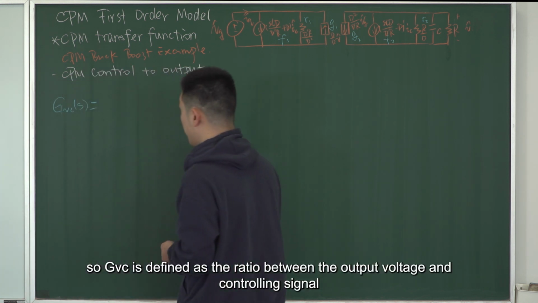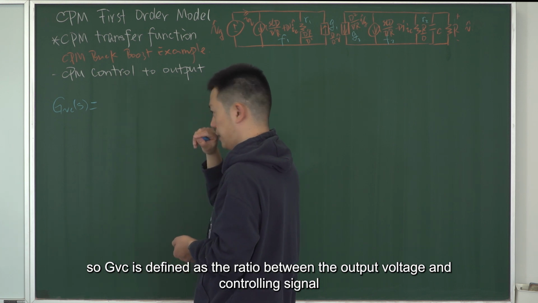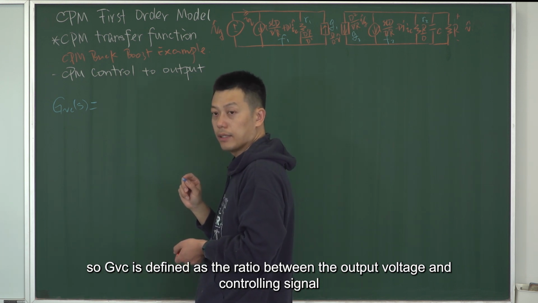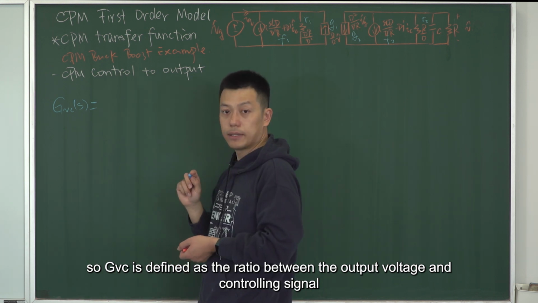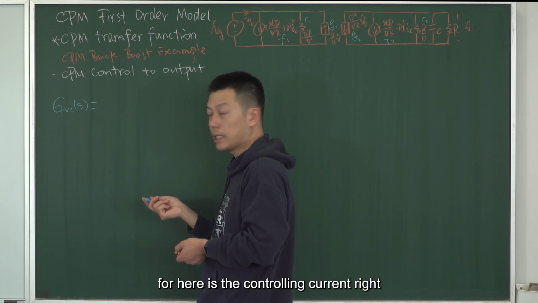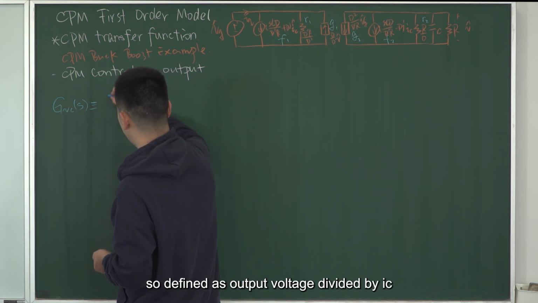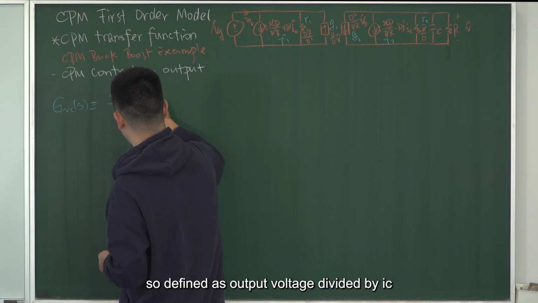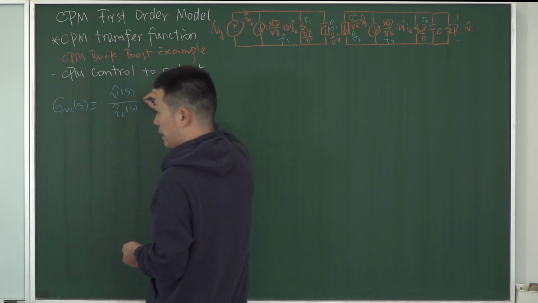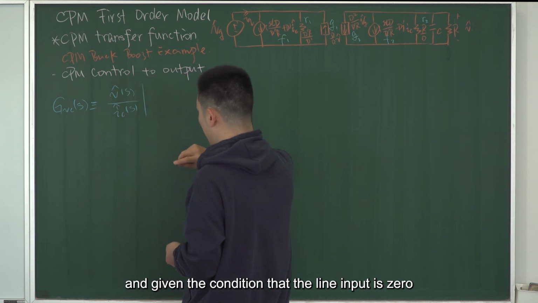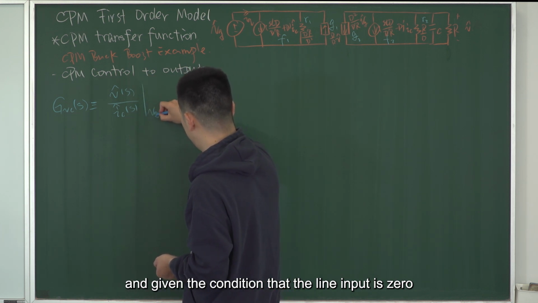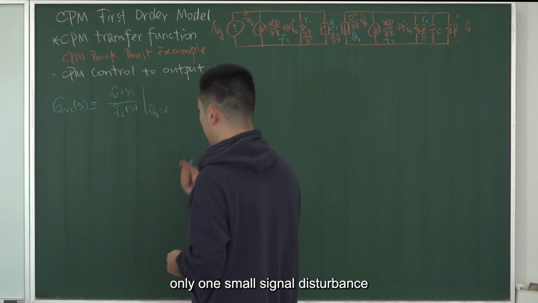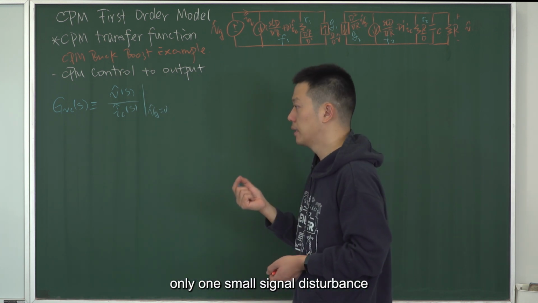GVC is defined as the ratio between the output voltage and the controlling signal, here the controlling current, so output voltage divided by IC, given the condition that the line input is 0, with only one small signal disturbance.